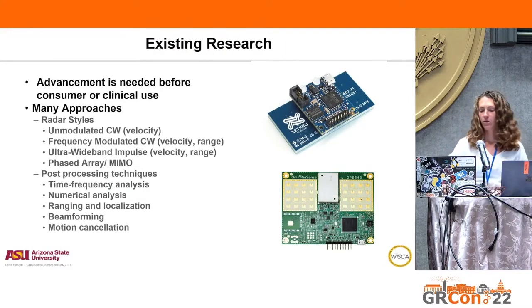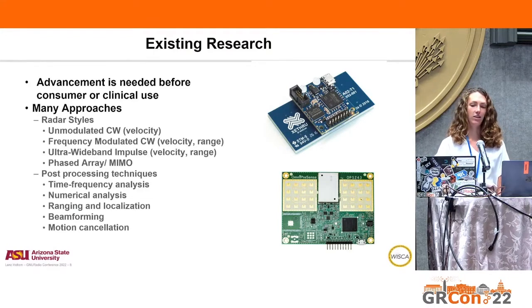So over the last several years, a lot of research has gone into this area using many different approaches. So what I explained on the previous slide was unmodulated continuous wave radar. But there's also a lot of other types of radar that have been used for this, including frequency modulated and ultra-wideband pulsed radars.